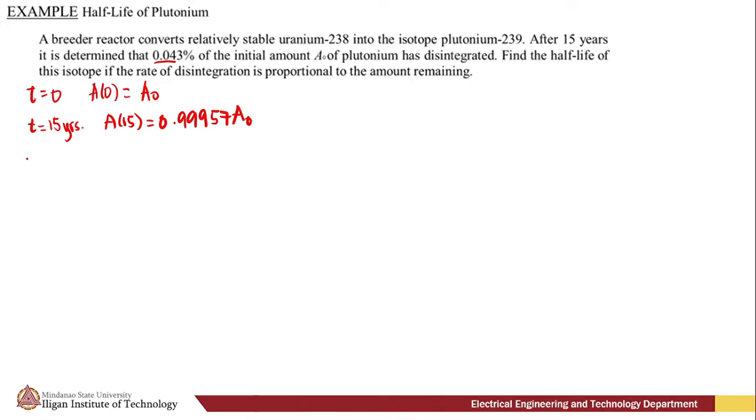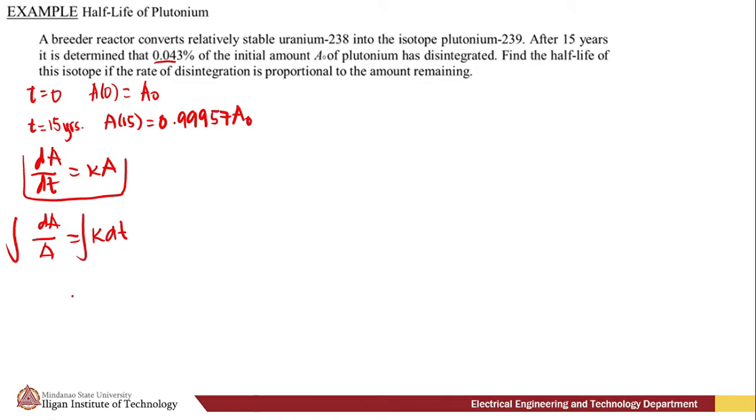So we're going to apply our differential model. We have dA over dt equals kA. Same as the growth and decay, this one is an example of a decay problem. We have a variable separable equation here. Solving for the solution, we have dA over A equals k dt.